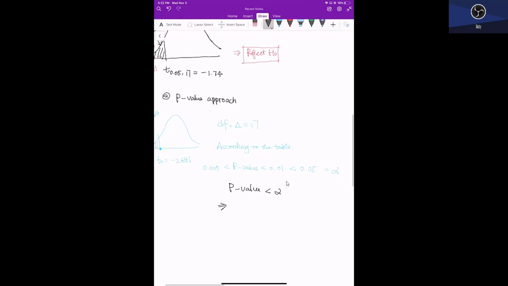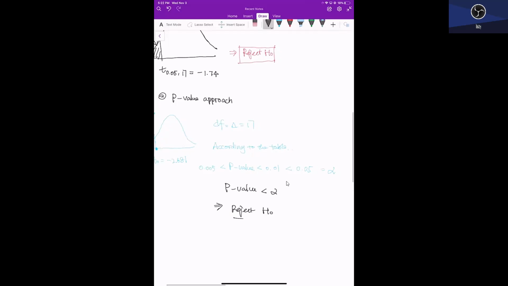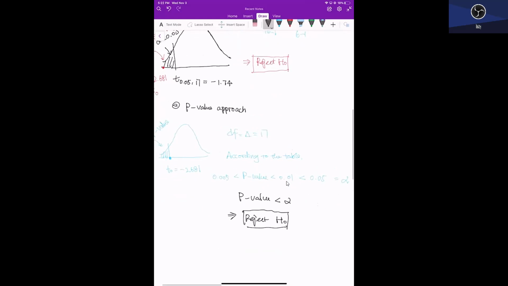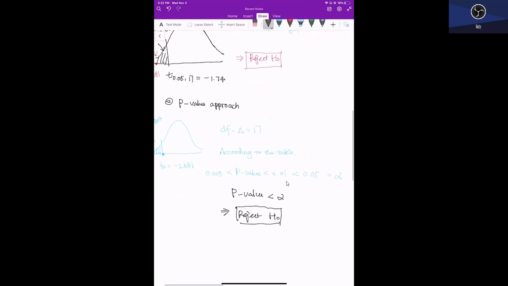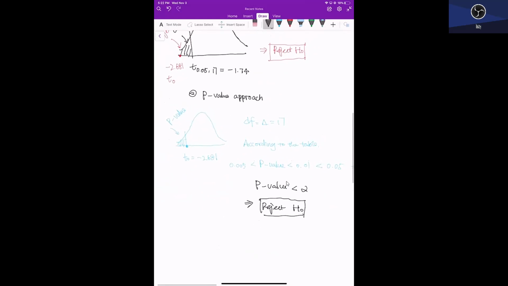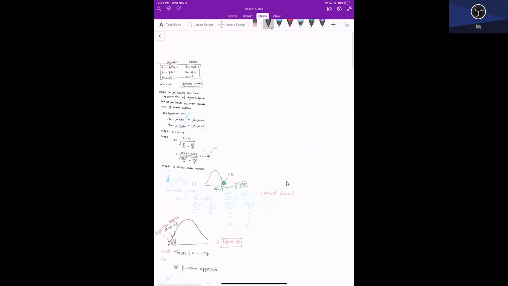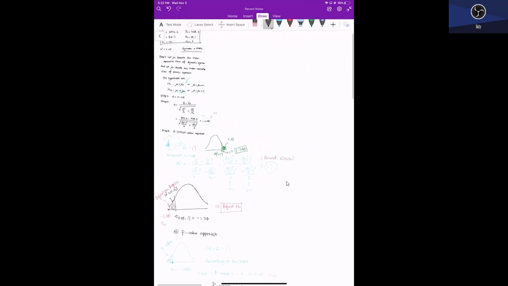Right, so this gives me the conclusion of reject H0. And both actually lead to the same results, rejection and rejection. So hence, we've finished the non-pooled t-test approach.